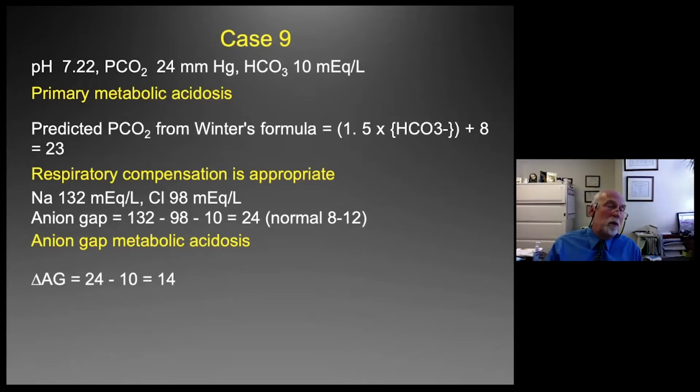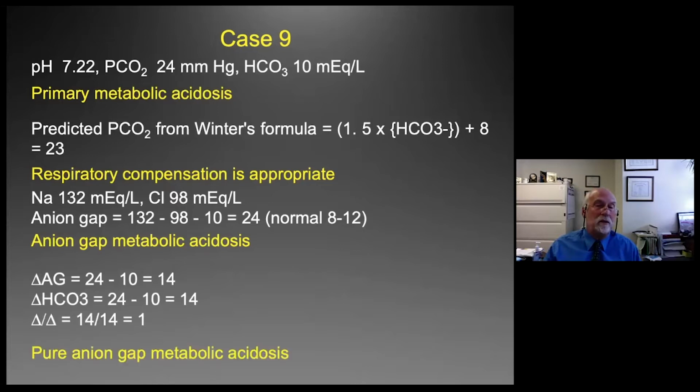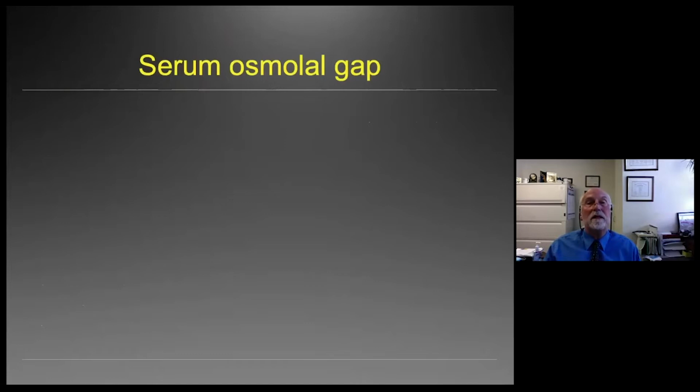And you would then look at the delta-delta, or the change in anion gap over the change in bicarbonate, which in this case is essentially identical, or the ratio is 1. So it essentially excludes another underlying primary acid-base disorder. So this is a pure anion gap metabolic acidosis, and you would treat it initially with famotidine and then most likely with dialysis.